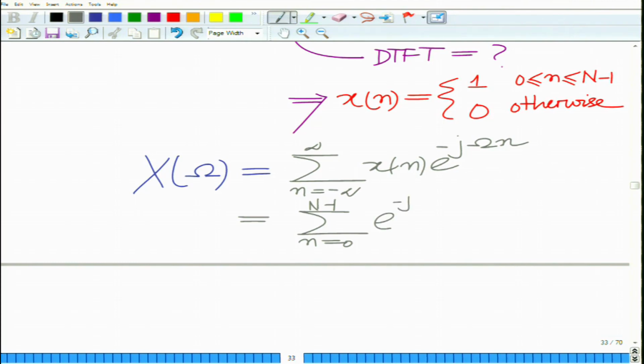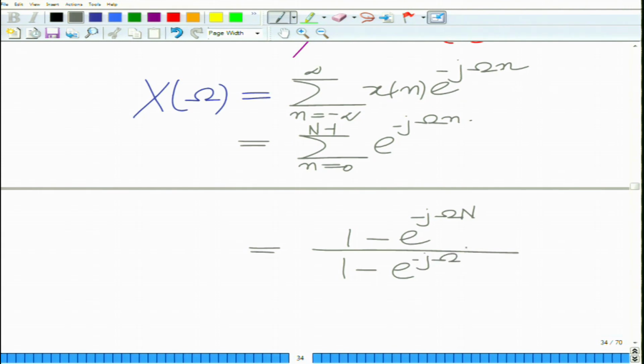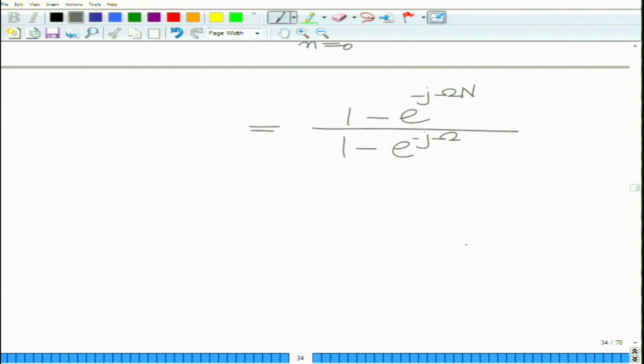So, this is simply the summation n equal to 0 to N minus 1 of e raised to minus j omega n, which is a geometric series, and the sum of this is 1 minus e raised to minus j omega N divided by 1 minus e raised to minus j omega.